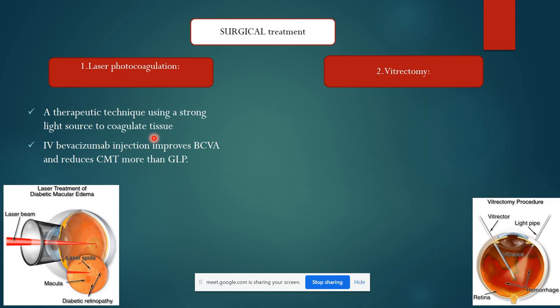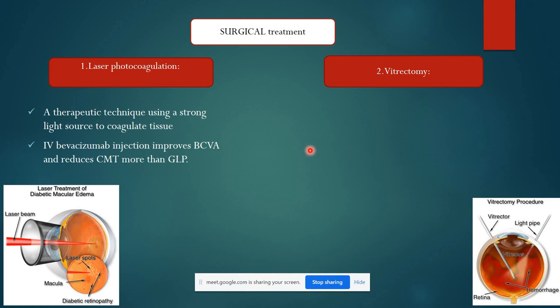We seal it with a high light source, and make sure that it is not leaking or getting further damaged. This might reduce the CME, but at the same time there is a scar when there is central involvement. When we move on with the laser, there might be a reduction in visual acuity.